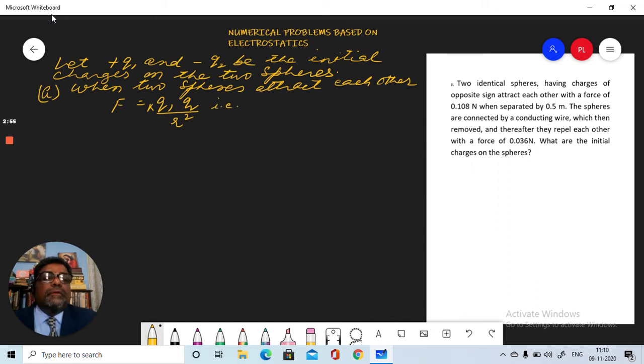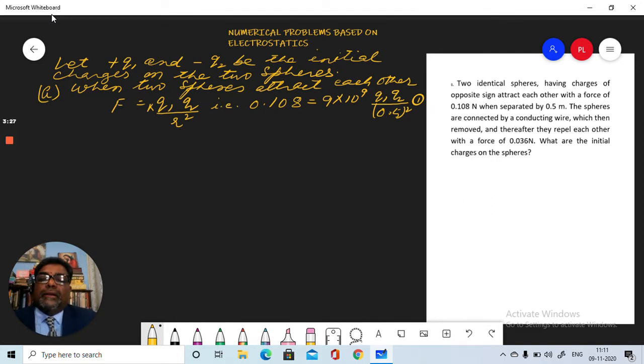Force is given to you, 0.108 Newton. That means 0.108 Newton is equal to K, which is known to you, 9 into 10 raised to the power 9. Q1 and Q2 are not known to us, so Q1 Q2 upon R square. The distance is given 0.5 meter, so 0.5 square, and this is your first one.